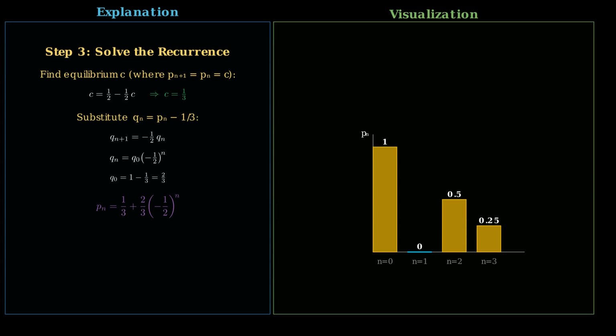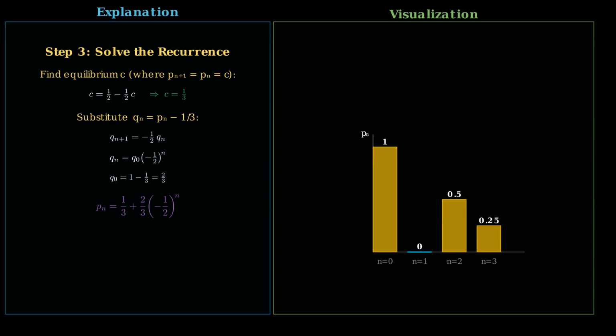This is a simple geometric sequence with ratio -1/2. So Q_n = Q_0 times (-1/2)^n. Since Q_0 = P_0 - 1/3 = 1 - 1/3 = 2/3, we get the closed form: P_n = 1/3 + 2/3 times (-1/2)^n.